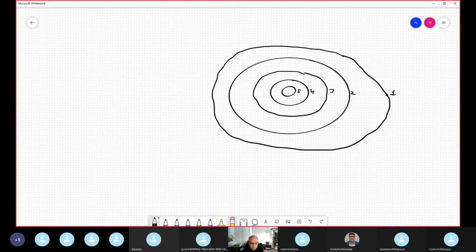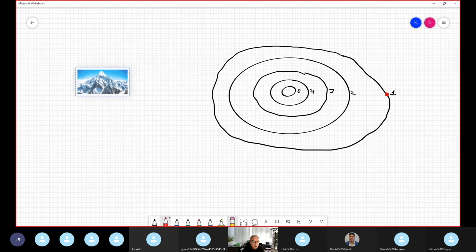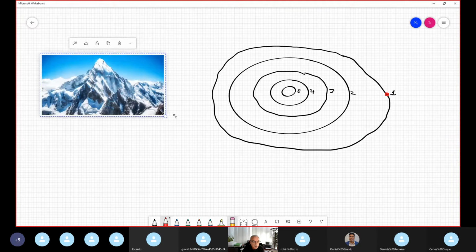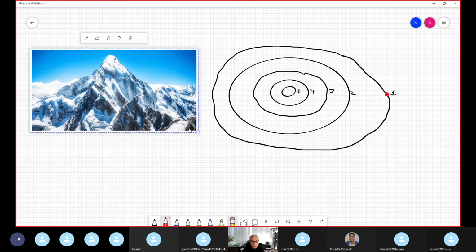Yeah, I'm located here in that position. This is me, and this is the level curve of one surface. Look, this is a mountain. At this moment the point 1 is located here. This is the point 1.